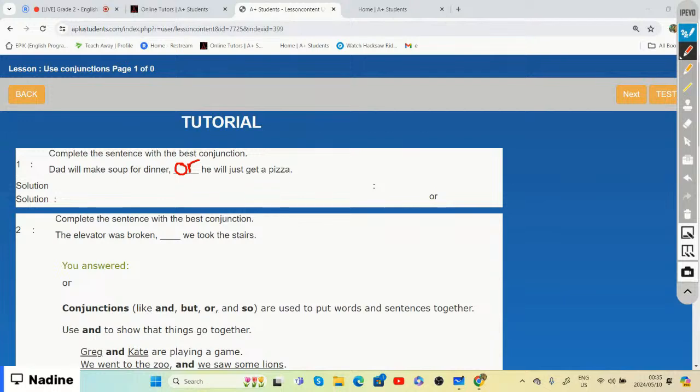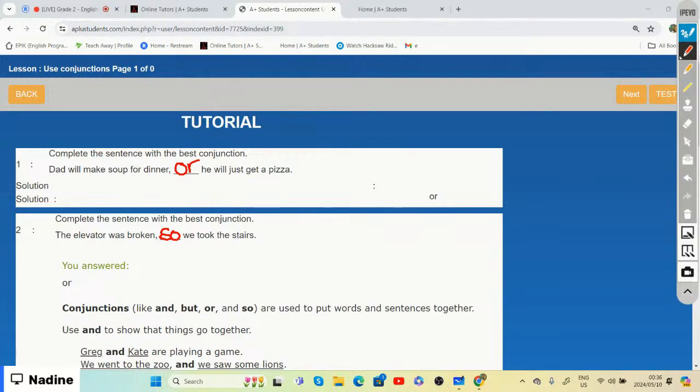All right, so if we choose the correct one, we will say the elevator was broken, so we took the stairs, right? Remember, we said we use so because something happened because of something else. The elevator was broken, so we took the stairs, meaning that we didn't have a choice but to take the stairs, and that was because the elevator was broken, right?